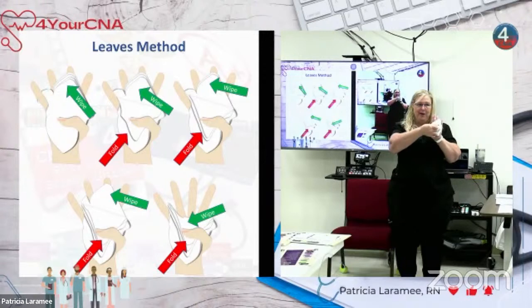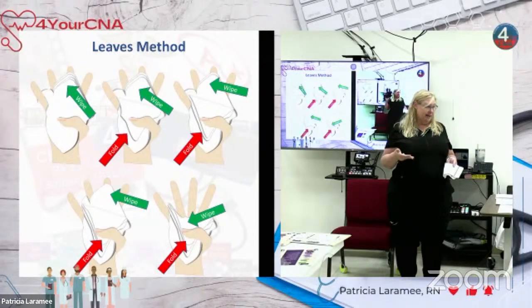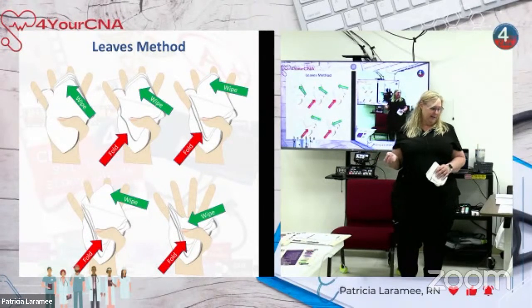If you fold that one over, the back side becomes your 5th. 5 separate unique areas of the washcloth that prevent cross-contamination. This is called the leaves method, and we're going to use this anytime we wash a wet body opening. So eyes, nose, mouth, genitals, rectal area, wounds, rashes, sores, or incisions.